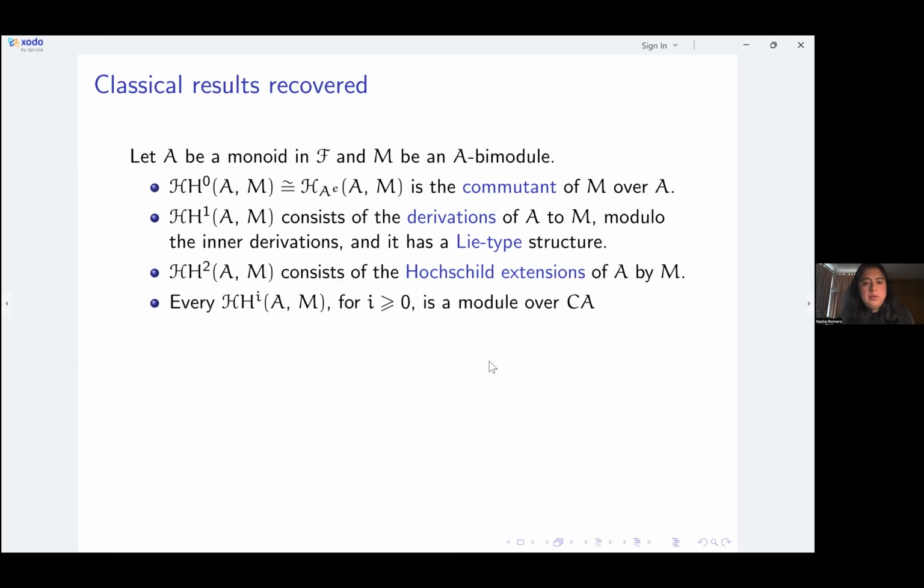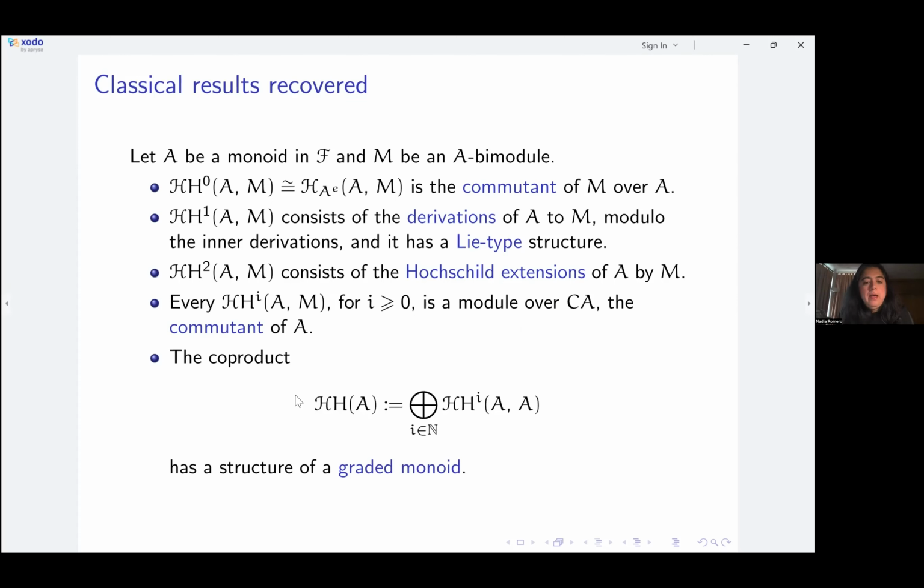And also, we have that each of these functors is also a module over the commutant of A, which I didn't define. In the classical case, we have that these are modules over the center of A, but in the context of monoids, the center is a different thing. So what looks like the center is the commutant of A. And so again, we have this structure. Each one of these is a module over the commutant.